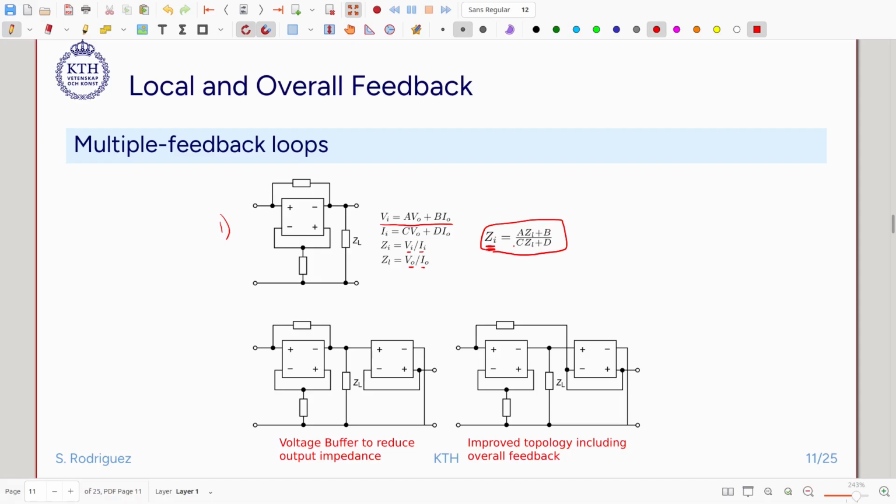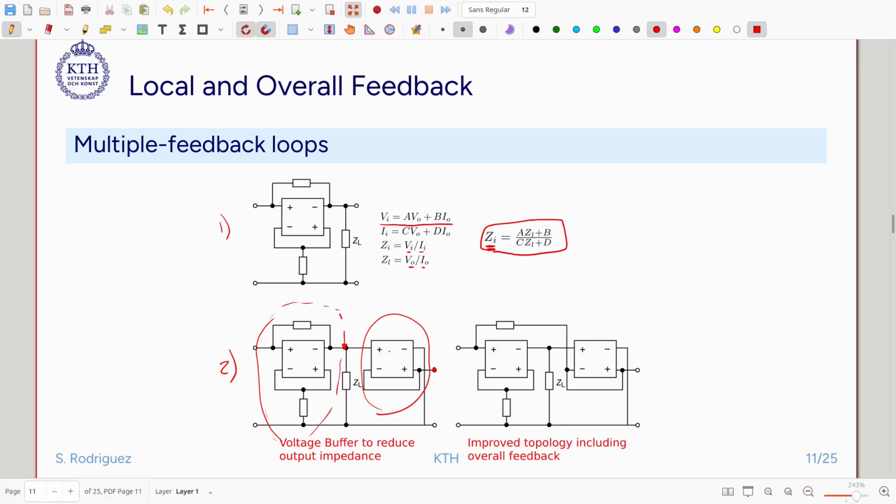Another example, and it is very common, is this one here. Now we have an amplifier, the first amplifier like the one we just discussed, and then we connect the buffer here to isolate this node from the output, which can, for instance, be a very small resistance.